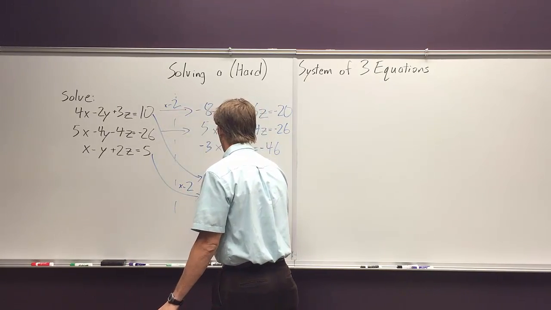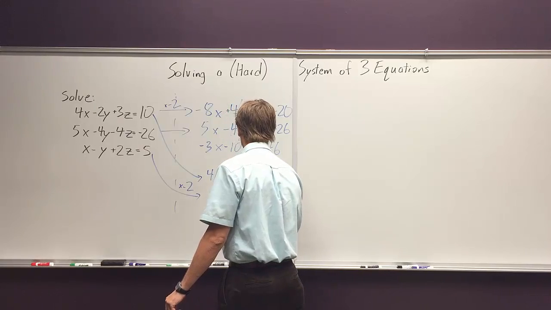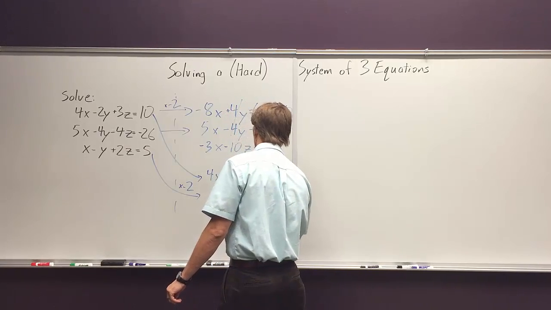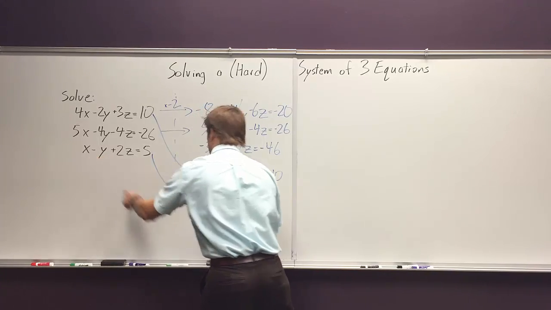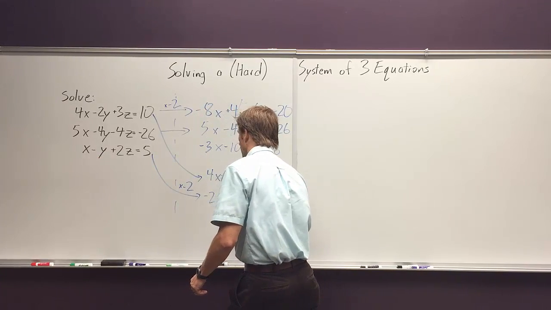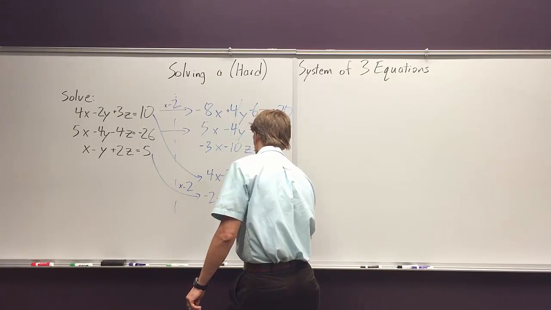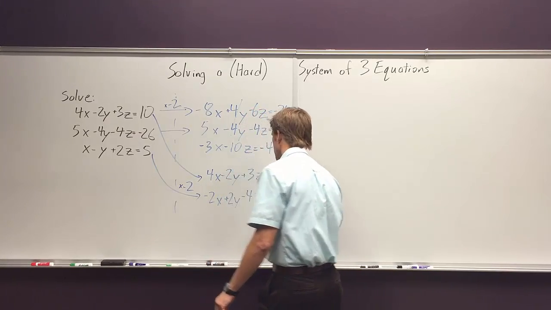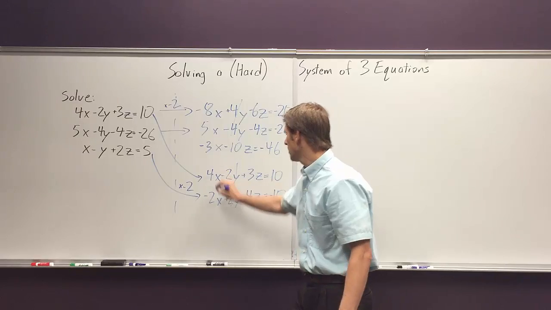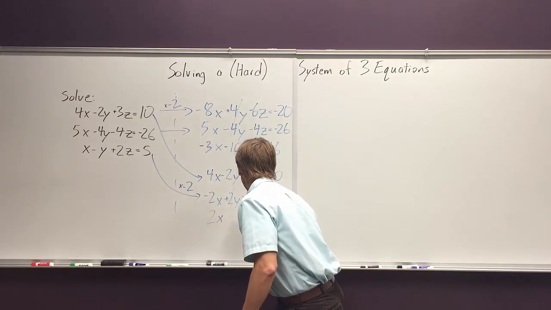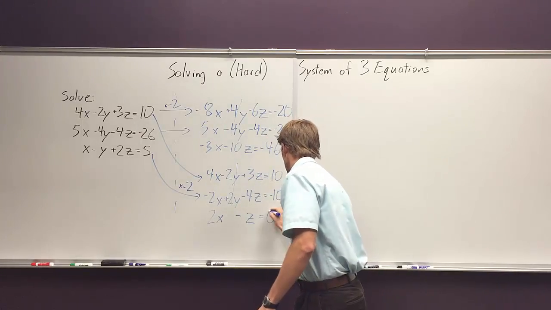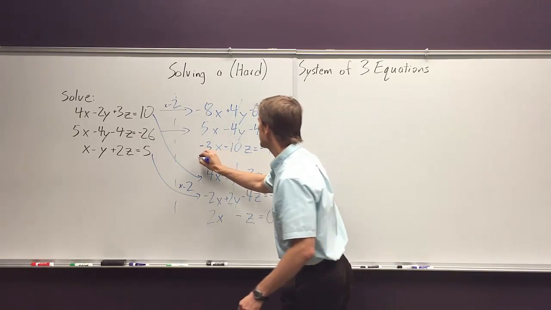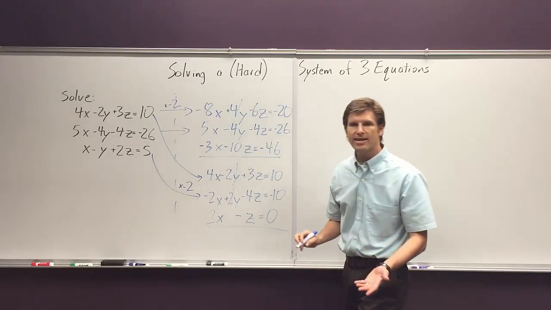So 4x minus 2y plus 3z equals 10. Multiplying by -2, -2x plus 2y, -4z equals -10. Okay, so these cancel. I get 2x - z equals 0.